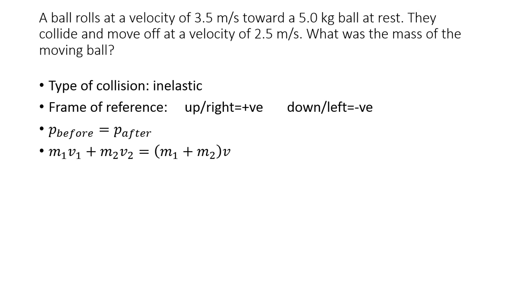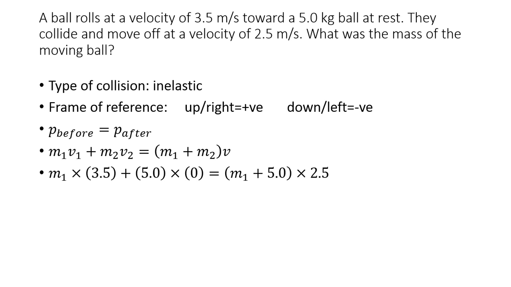Now what happened after? Well, they got stuck together and they moved off at a single velocity. So I'm going to add their masses together, m1 and m2, to treat it like a unified singular object moving at a specific velocity. Okay, so I add their masses together because they got stuck together and now they're just moving at the same speed, right? So I'll just call it v.